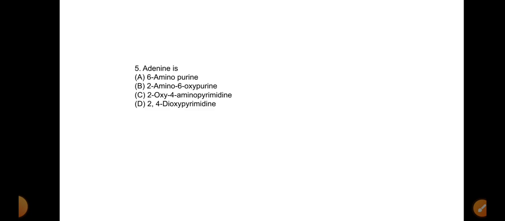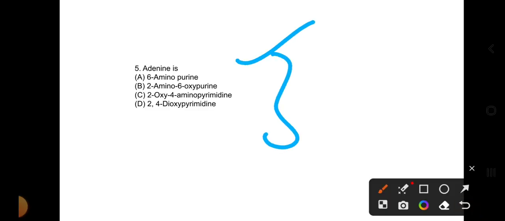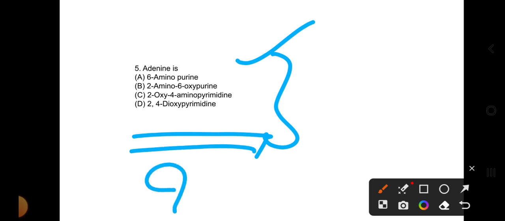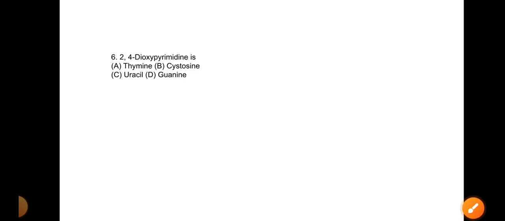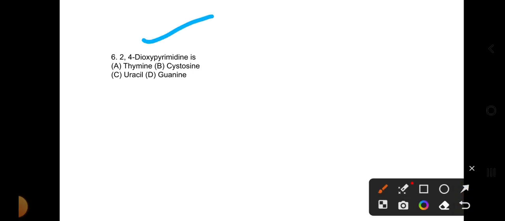Fourth question, a pyrimidine nucleotide is, okay fine, again you have to do the same thing. Fifth question, adenine is, that is the chemical name of adenine. Out of these 4 options, you have to write your answer in the copy. Then sixth question, 2,4-dioxypyrimidine, this chemical name is like the chemical names we used to do during your organic chemistry.